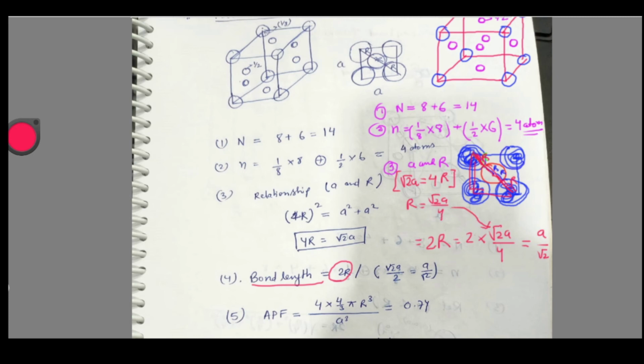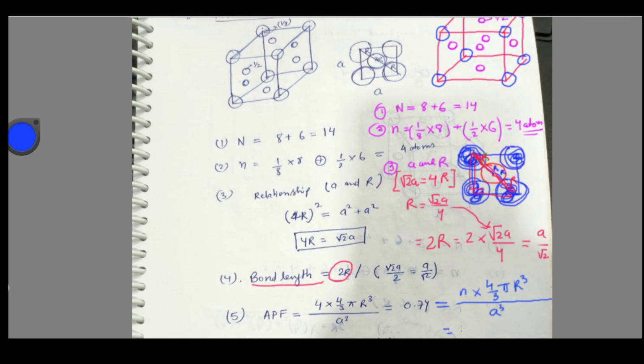Okay, now we will calculate the atomic packing fraction. The atomic packing fraction is the total volume of atoms divided by the volume of the unit cell. So n is the effective number of atoms, the volume of one atom is 4 by 3 pi r cube, and the total volume of the cube is a cube.